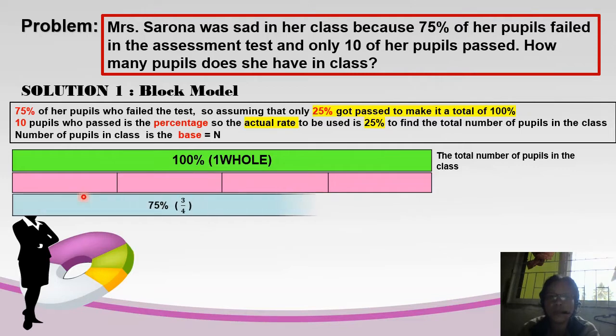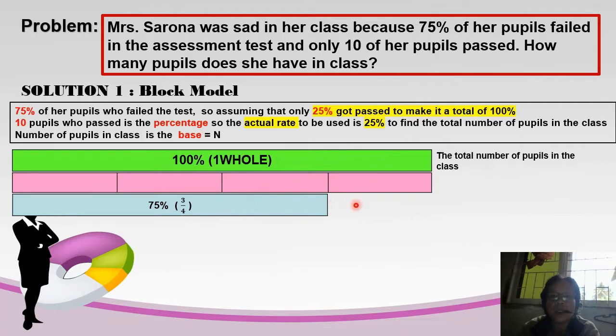Okay, so these first three pink blocks represent the 75% of the pupils who failed the test. What is the 75%? This is about 3/4 or 3 out of 4 parts of the whole block. So 75% consists of these three pink smaller blocks.